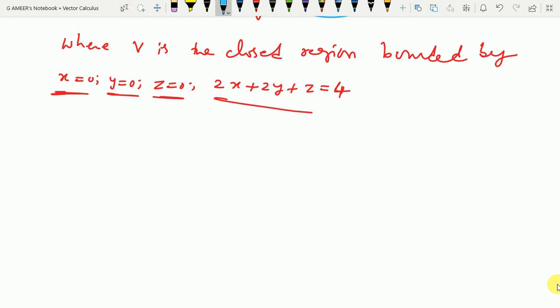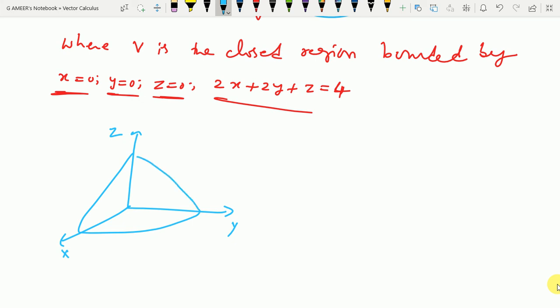The region of integration will be like this. There is an x-axis, y-axis, and z-axis system. The plane equation can be written as, when I divide by 4, x by 2 plus y by 2 plus z by 4 is equal to 1.